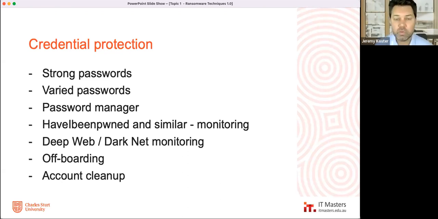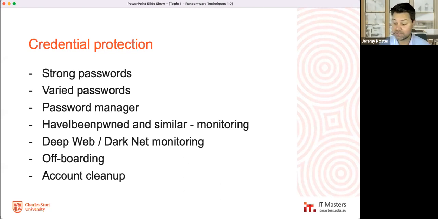The other thing you need to do as an organization is understand if your credentials have been exposed. So if you've got a domain, and corporate or organizational email addresses that have been exposed in a data breach, you need a monitoring tool like Have I Been Pwned, or there are some other commercial ones, and government ones actually.